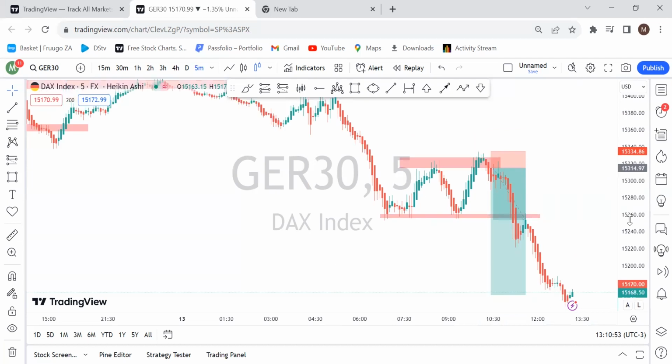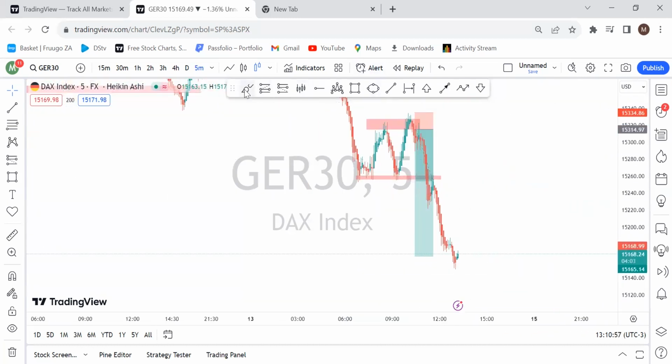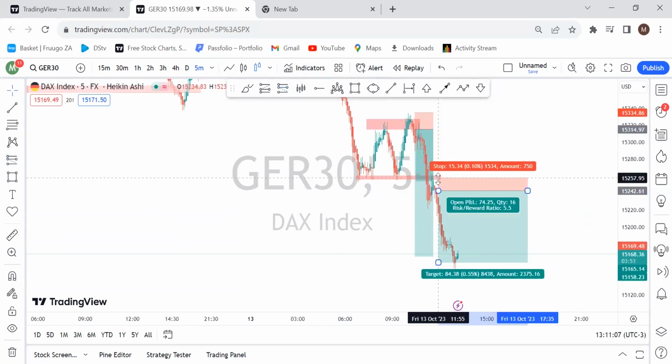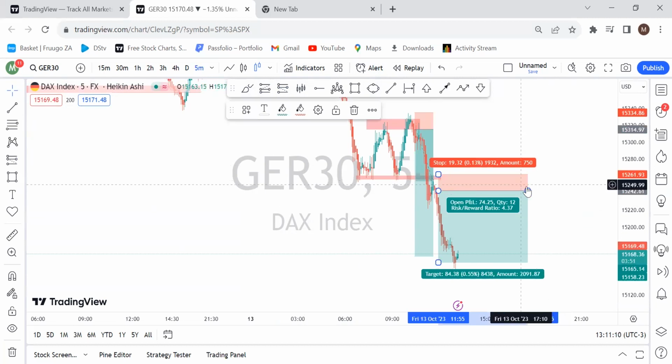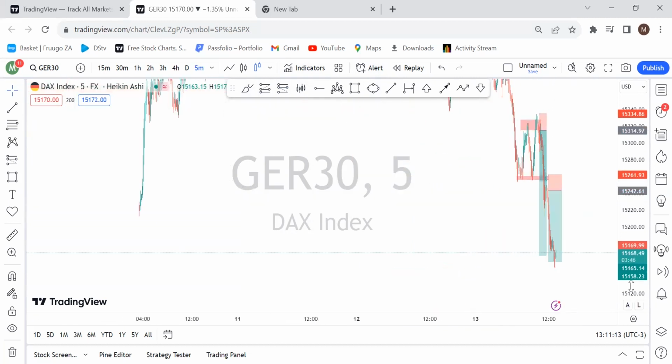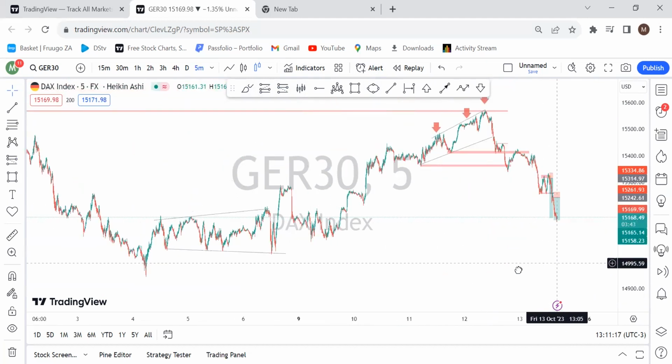So that's the key thing when it comes to entries. And once the price broke this support, you would have also taken this retest. It's just simple, bro. So that's how you would have done it.